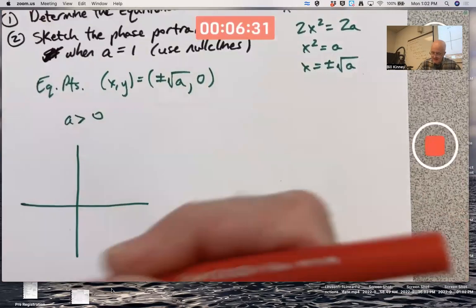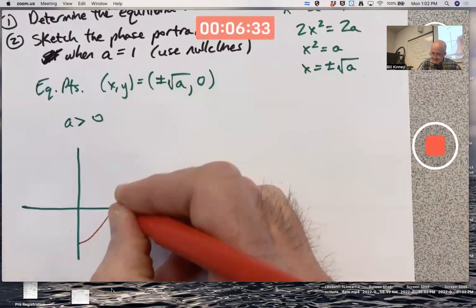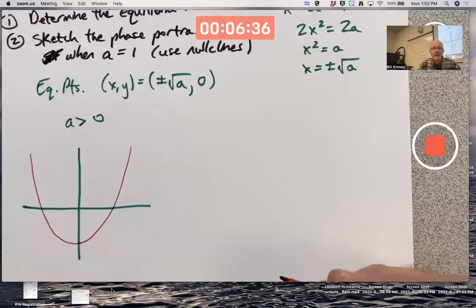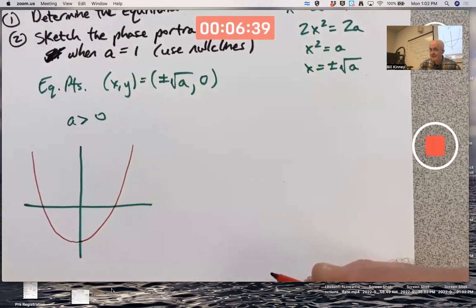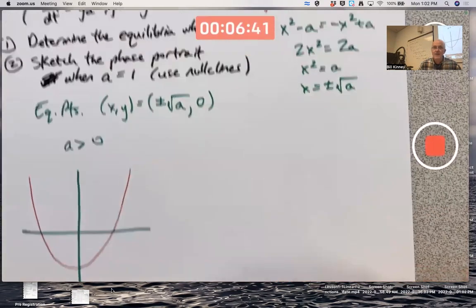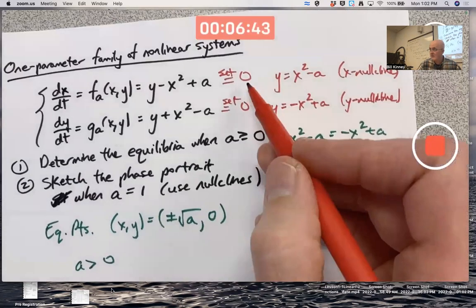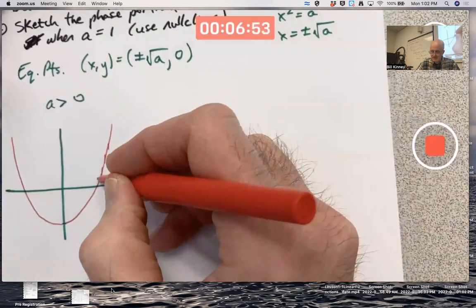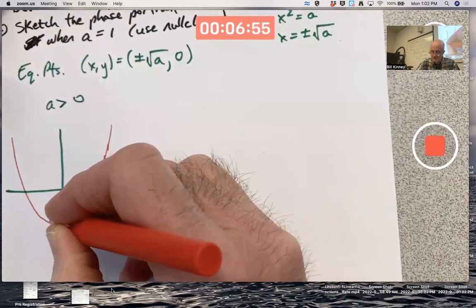So the x nullcline looks about like this. It's an x nullcline, so you got to cross that with 0 dx/dt, 0 first component of velocity vectors in the vector field. You got to cross it vertically. Make a bunch of little vertical lines.